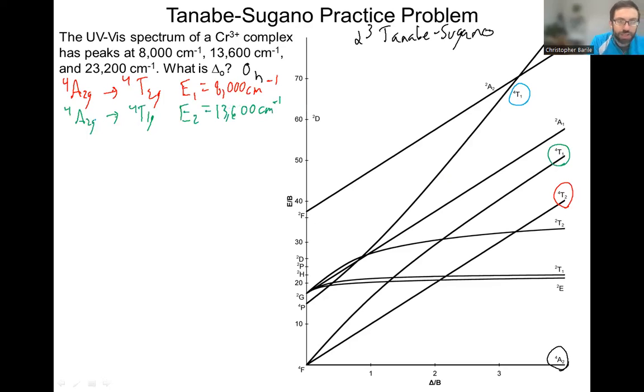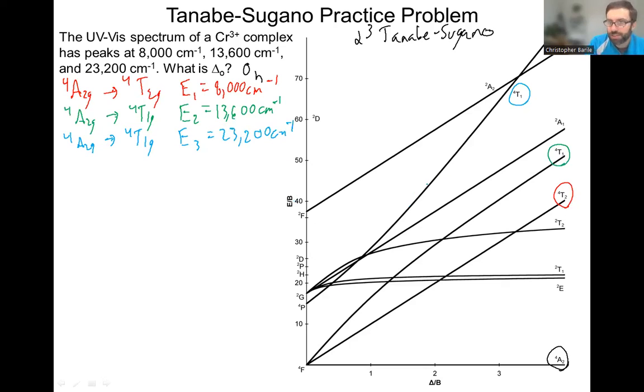And our last one is quartet A2g going to a different quartet T1g. Those are the same names, but different states. They just have the same symmetry, but they're different states. They have different energies. And that's our E3. So those are our assignments.